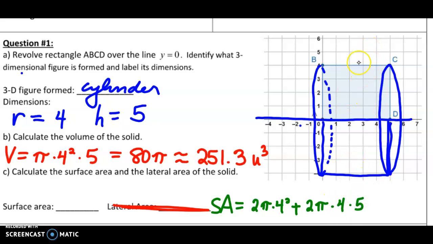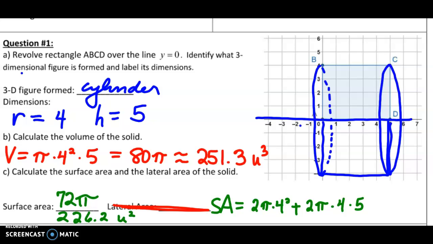That's like the rectangle that's wrapping. The top of that rectangle is the circumference, and the height is the other dimension of that rectangle. That does turn out to be 72 pi. If we were to round that to the nearest tenth, and I think that's what your homework has you do, that is an area, so it's units squared. Okay, does that make sense so far?